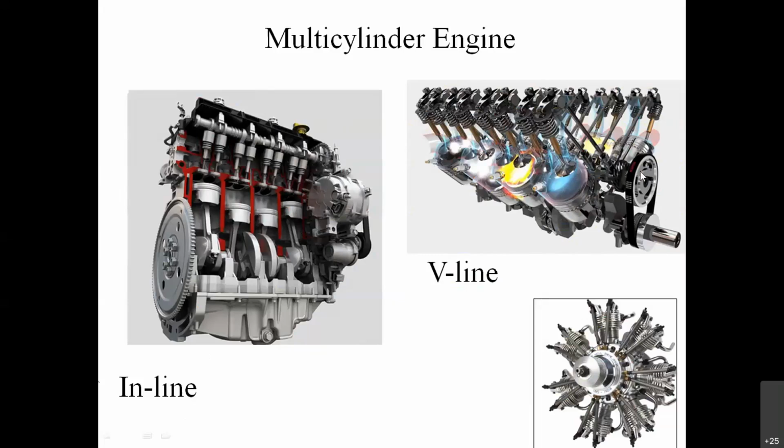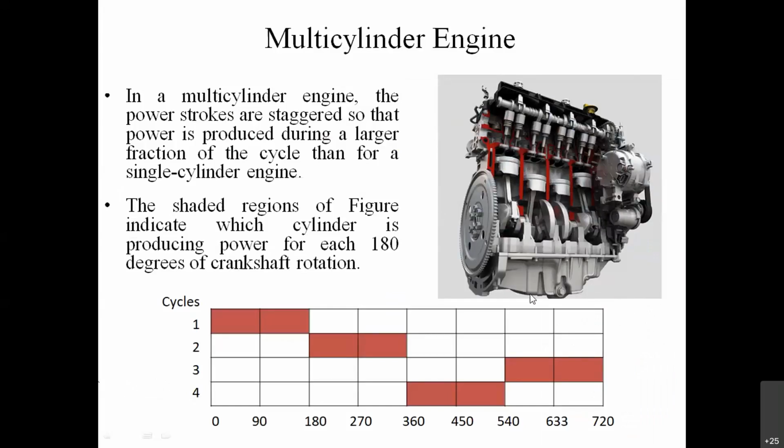Depending on how much power is to be generated, the number of cylinders varies, as well as the structure, from vehicle to vehicle. Currently we'll just consider this inline four cylinder.